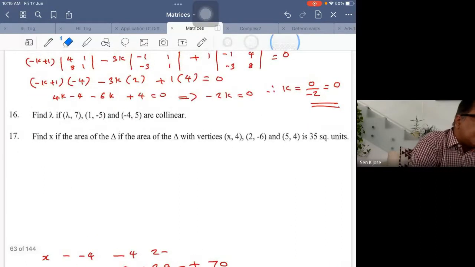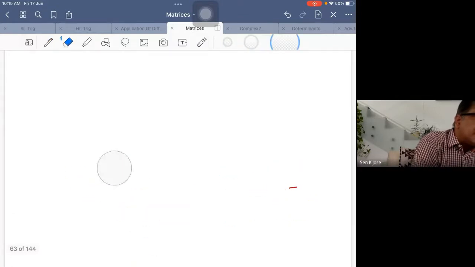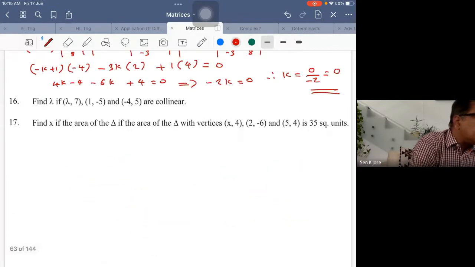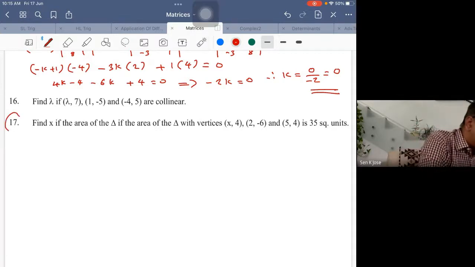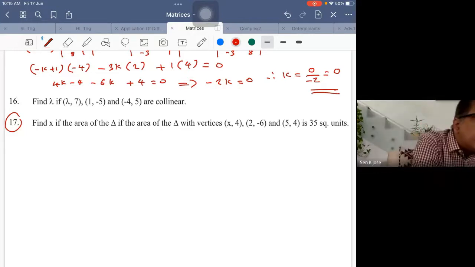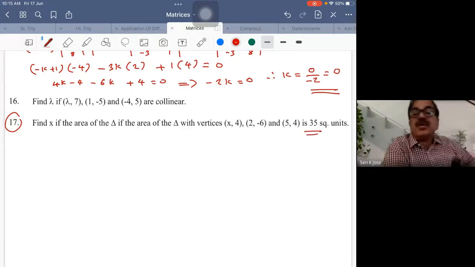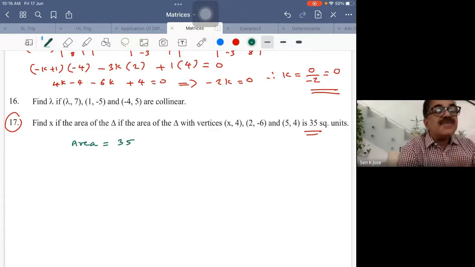But I need to tell you something in this question before you start with it. Look at this question, all of you, and then you can go ahead and do it. Question 17 says, find x if the area of the triangle is 35 square units. Your first statement is area is equal to 35. And then I write the formula for area.